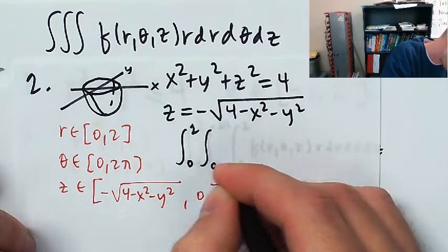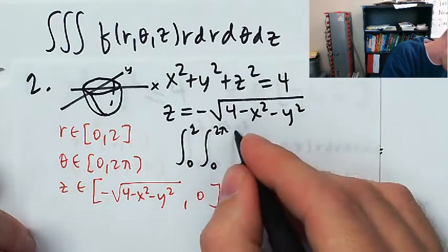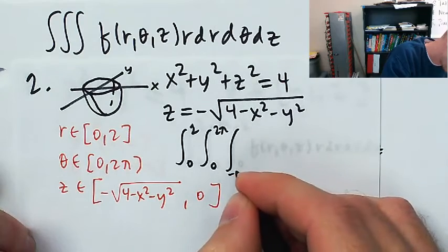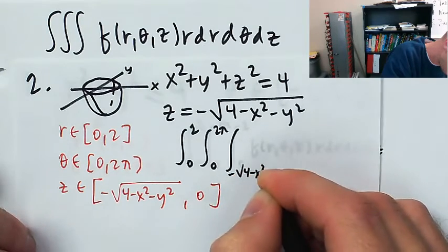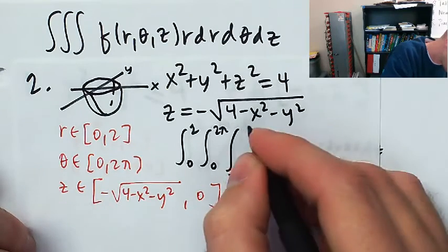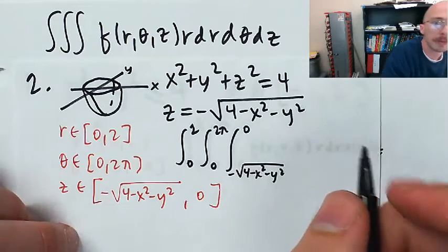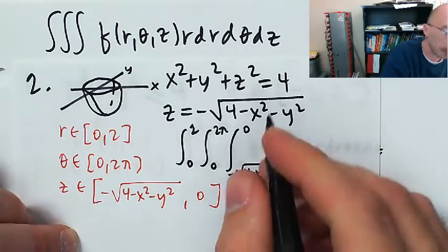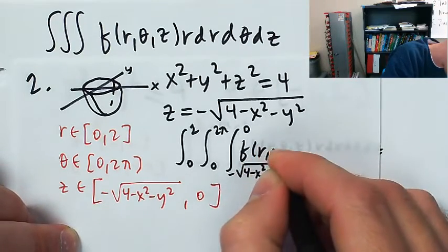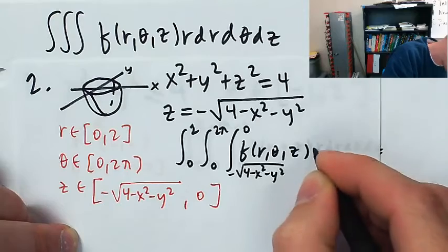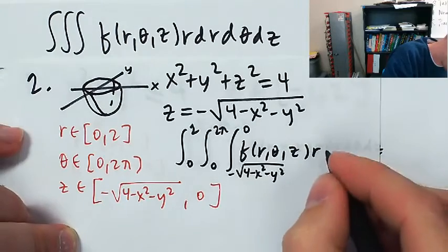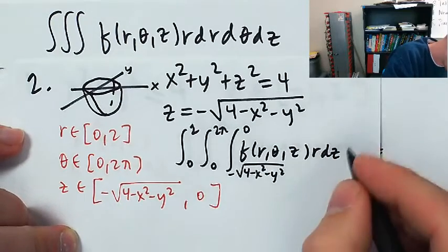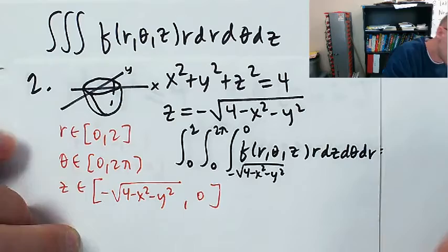Then theta. And then z. So from the negative square root of 4 minus x squared minus y squared all the way up to 0, I'm going to be integrating f of r theta z times r. This is dz, d theta, dr.